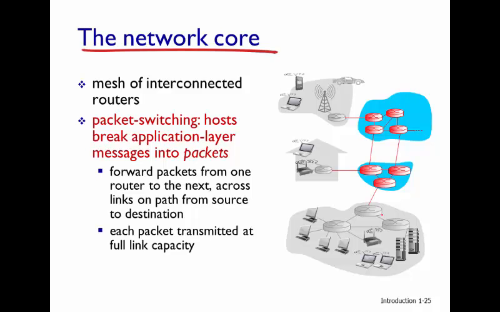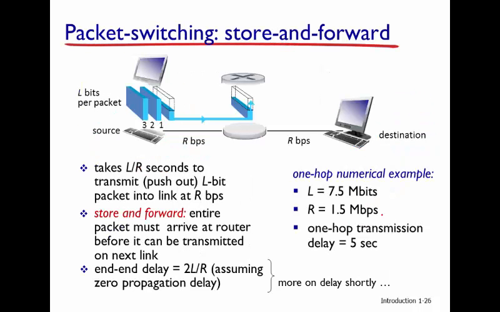Packet switching means a host breaks an application layer message into packets, and forwards packets from one router to the next across links on the path from source to destination. Each packet is transmitted at full link capacity.